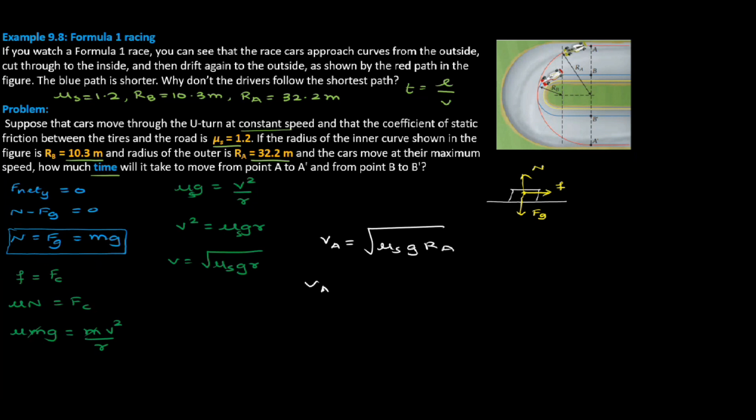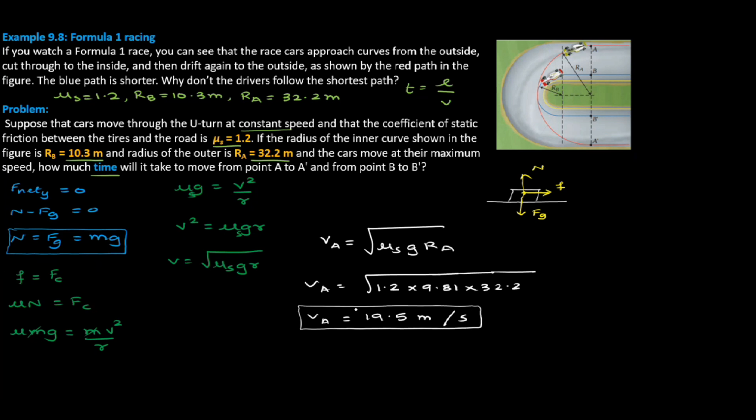Substituting, VA equals square root of mu s is 1.2, g is 9.81, and RA is 32.2 meter. When you solve this, you get VA as 19.5 meter per second. This is the velocity with which the car moves along path A.